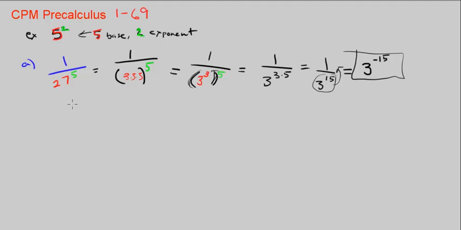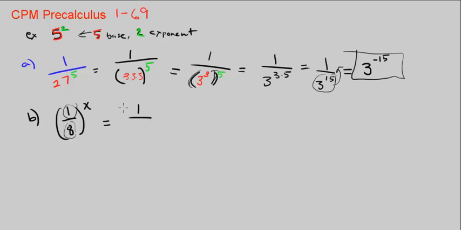Box my answer. B. B is 1 over 8 to the power of x. How can we change this into the smallest base possible? Well, 1 is pretty small already. So can we make 8 any smaller?